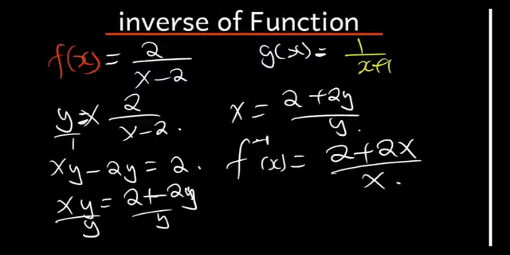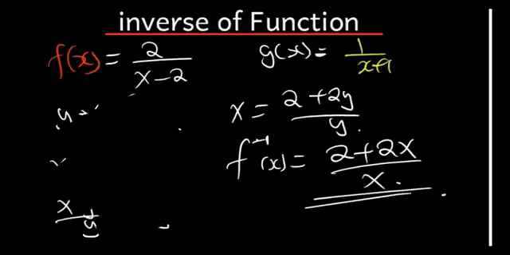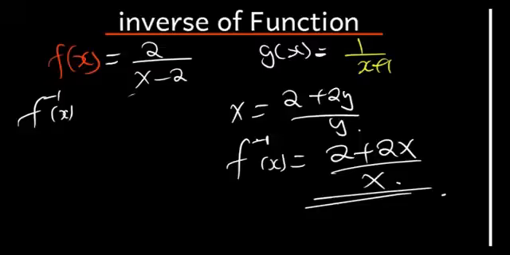Now if you want, you can factor out 2 on top there, but it's okay, you can just leave it here. Meaning that this is the function f of x. Now let's find the inverse. This is our f inverse, which is 2 plus 2x over x.